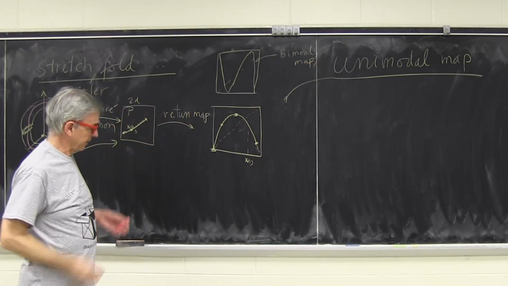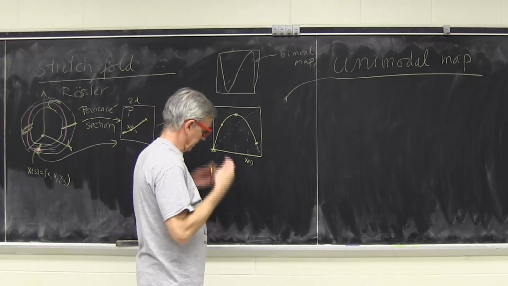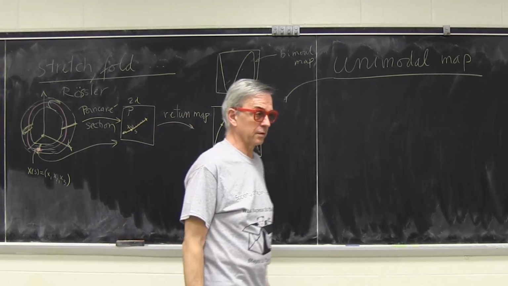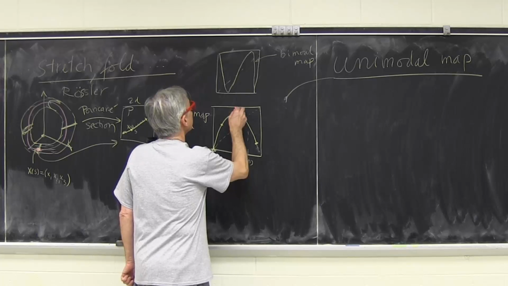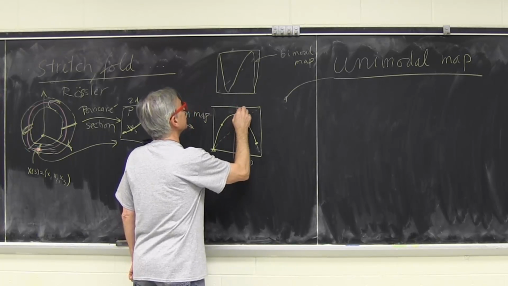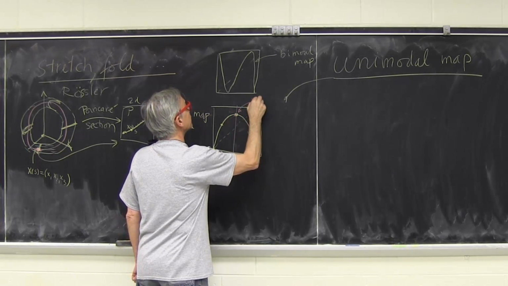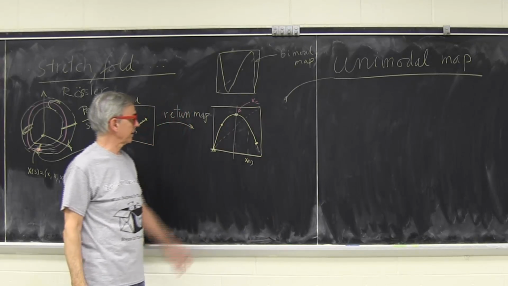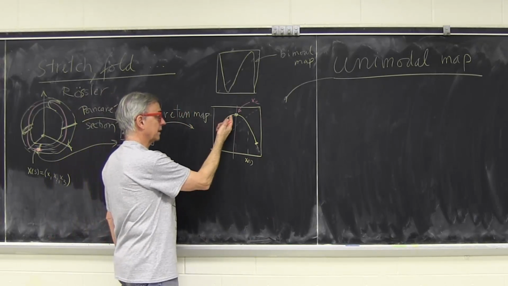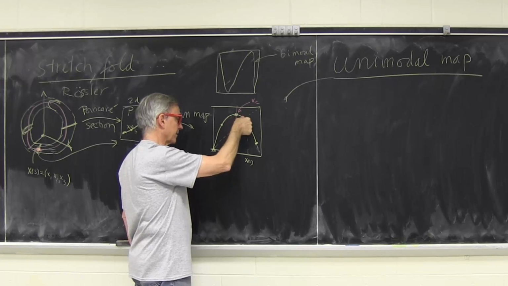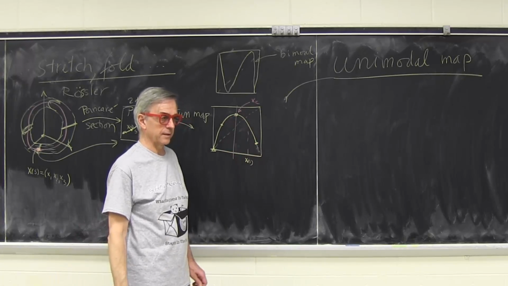So unimodal maps have a very crisp notion of topological partition. You look at it, there is a point which is called the critical point, xc, in which the map has zero slope, and it's monotonically increasing on one side and monotonically decreasing on the other one.